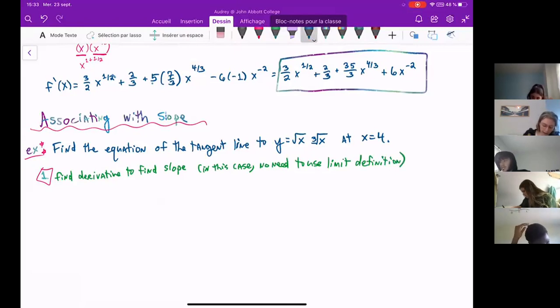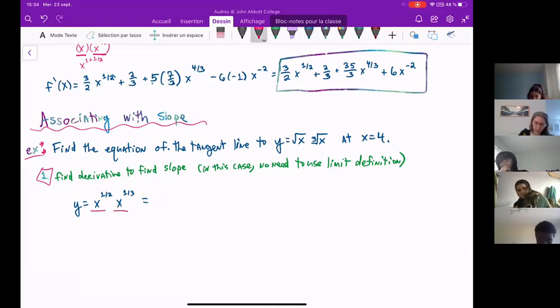Okay, so here I have that y is equal to the square root of x, which I know is x to the power of 1/2, times, what's the cubed root of x? What power is x to there? X to the power of 1/3, exactly. And I can't just leave it as one times the other. I need to write this as x to just 1 power. What's my new power going to be?